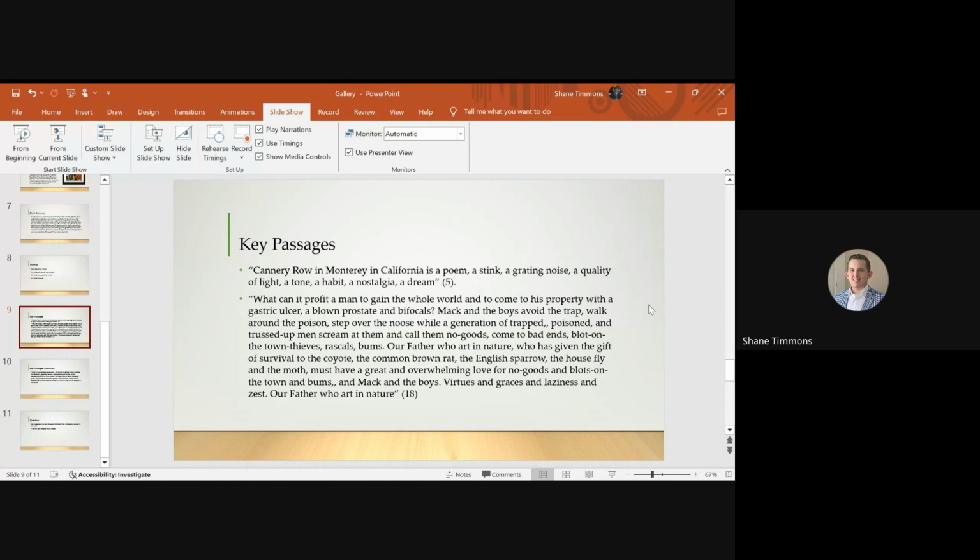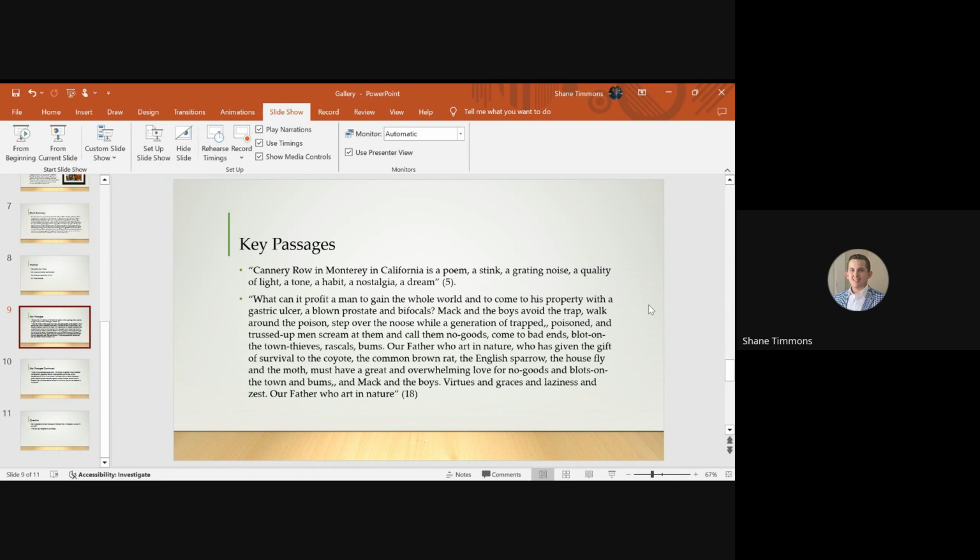But another section within this passage here stems off of the previous readings, and I think it really started with To a God Unknown and Our Father who art in nature, with the nature talk, and it all centers around nature.